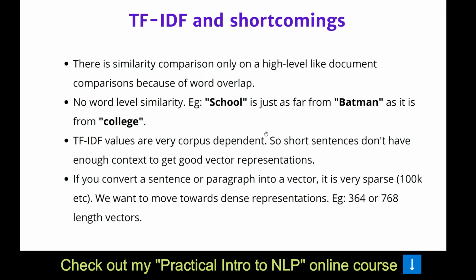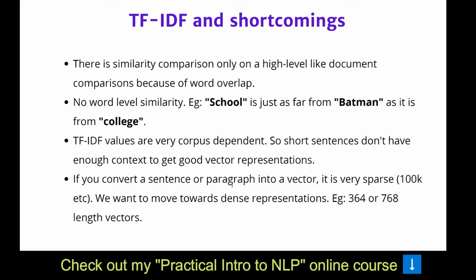That means which words co-occur with each other and what words come in a similar context, etc. Because we want to be able to compare school with college and say that these two are closer together when compared to Batman. And the other thing is that we need to move away from this sparse vector representation and come to dense vector representations.